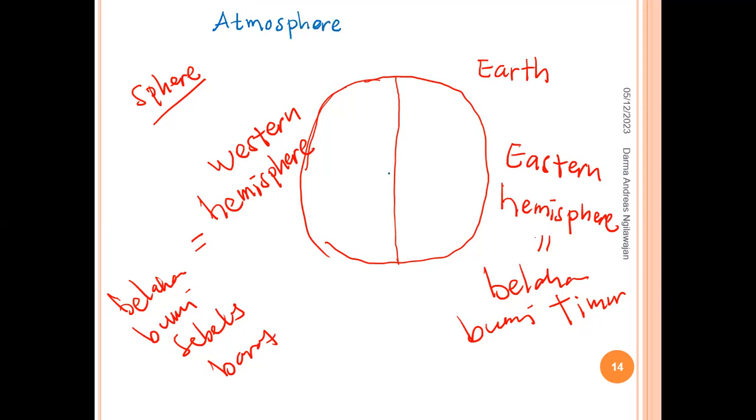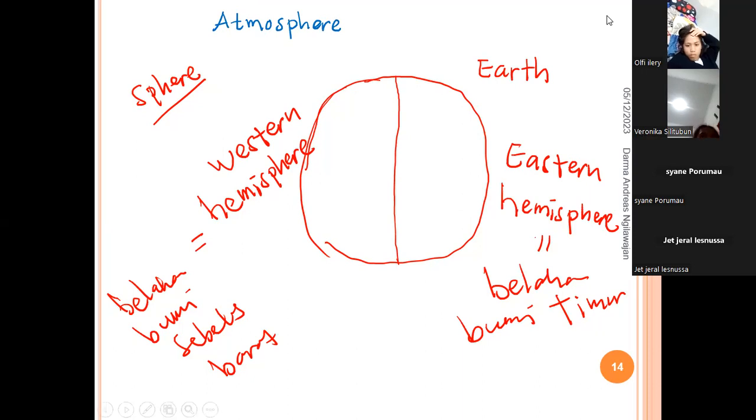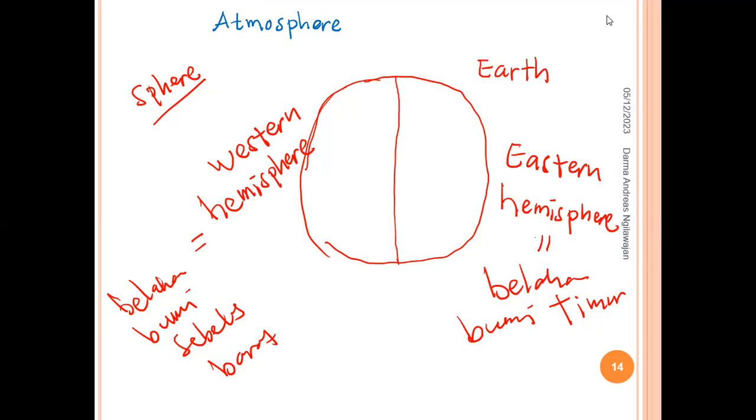Atmosphere. Ya. Itu apa? What is atmosphere? Apa itu? Jawab, siapa jawab? Gampang itu. Just use bahasa. It's okay.